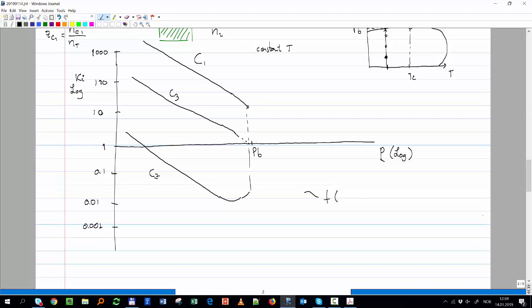If you change pressure, you're going to change the number. It's a function of temperature, a function of pressure. And when it stops being linear, when you start having some curvature, then you have some dependence on the composition.